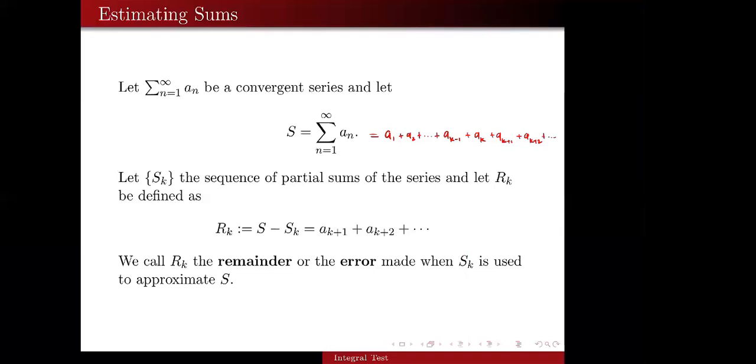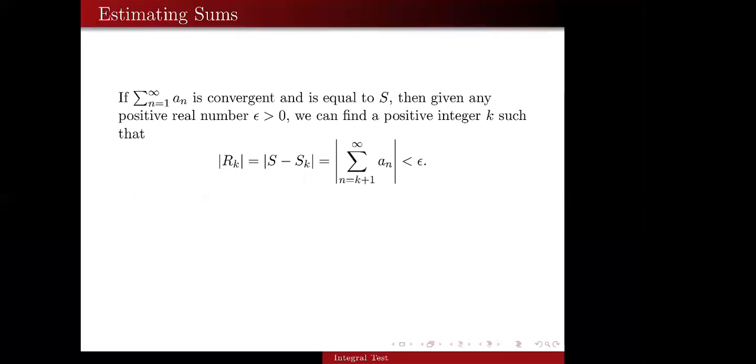Now, if the series here is convergent and it is equal to S, then for any positive real number epsilon, we can always find some integer k such that the remainder in absolute value is less than epsilon. What does this mean? You choose a very, very small positive number.